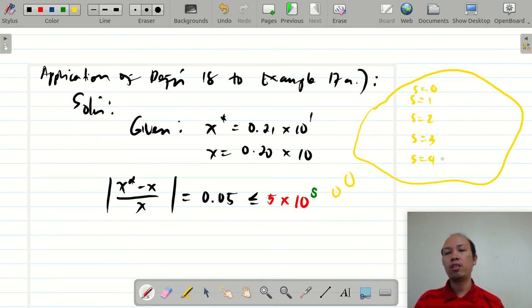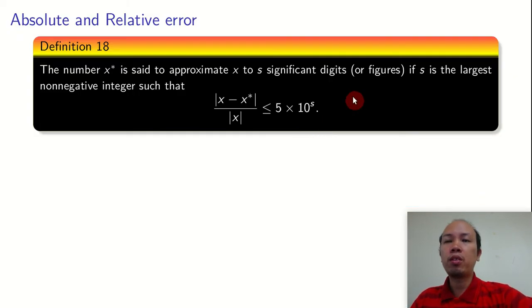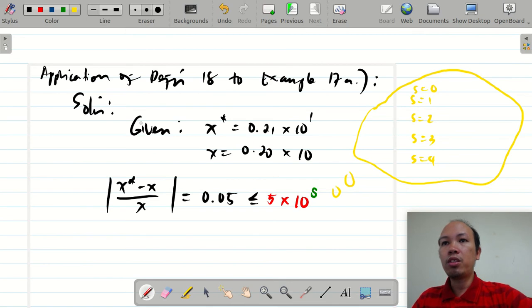Okay, so let's try 0. It says here, if you recall, it is the largest non-negative integer. So s is equal to 0 is not included, since it is not negative, right, so we will discard that one.